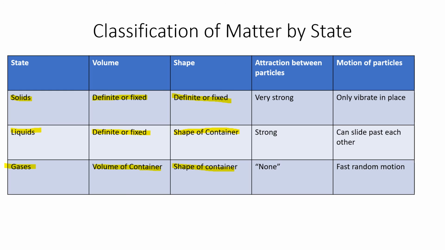Now what we want to do is take a little bit deeper look at that. What is happening down at the particle level that's giving you these observable things? So here now we're dealing with these two right-hand columns of the attraction between the particles and the motion of the particles. And what you're going to see is there's some correlations that happen here.